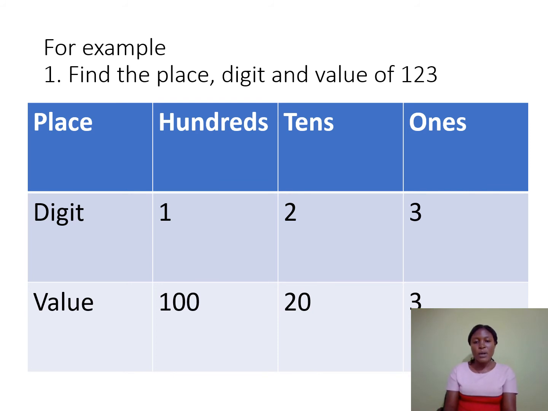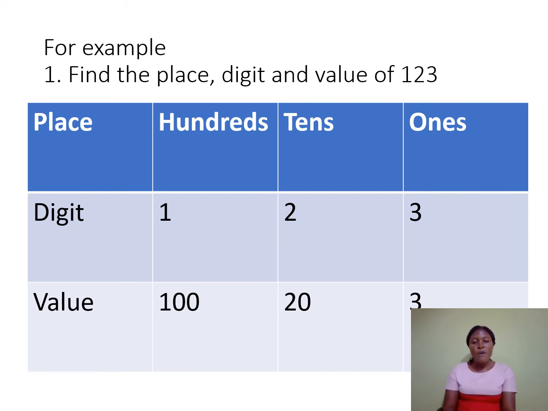Now we come down to the second row, which is the digits. The digits are 1, 2, 3. Now we have 1 under hundreds, 2 under tens, and then 3 under ones. Now let's go to the value.